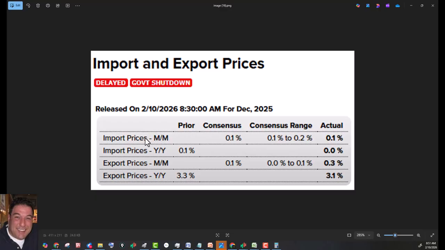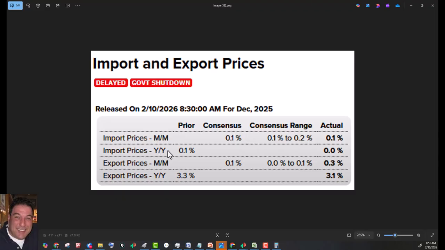So let's just say the price of Onkyo stereos or Sherwood receivers, something that came in from overseas. The consensus was 0.1 to 0.2, so it was at the low end of the range. That would be great for the consumer, and as long as the company's still printing profits, I guess that's okay for the company.